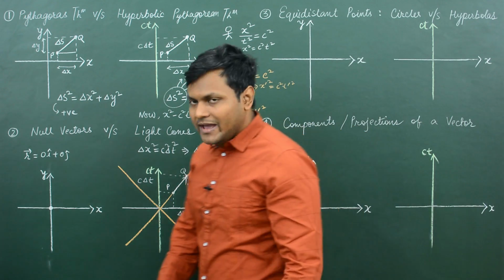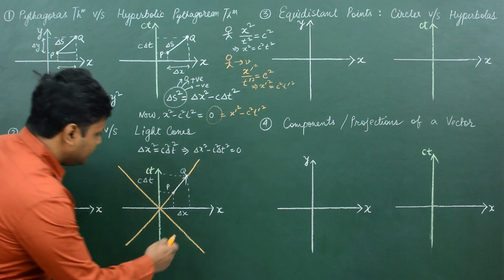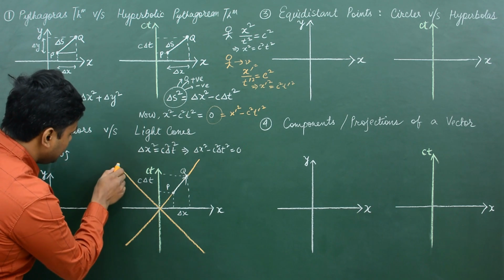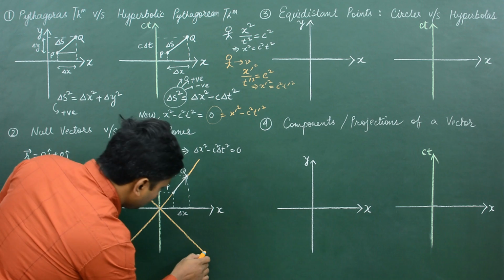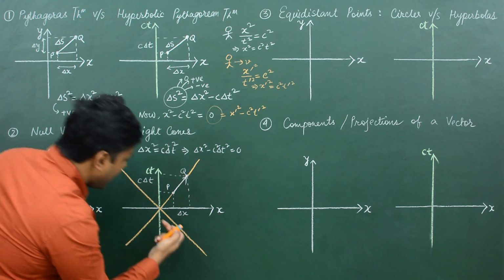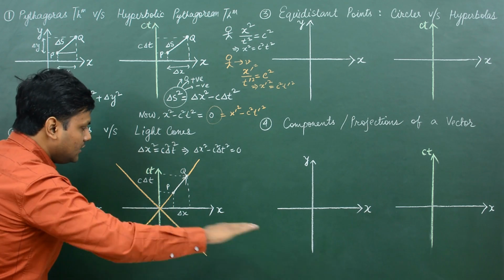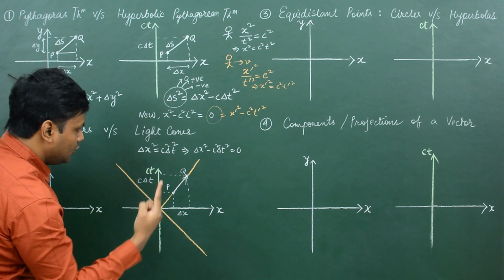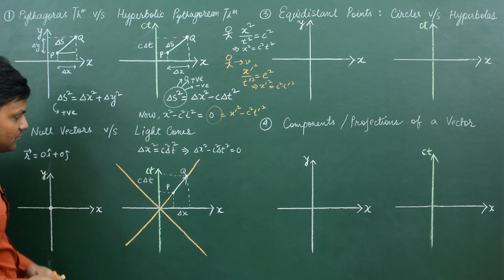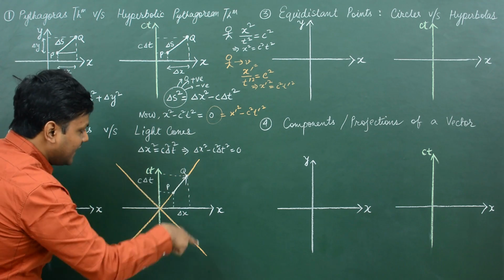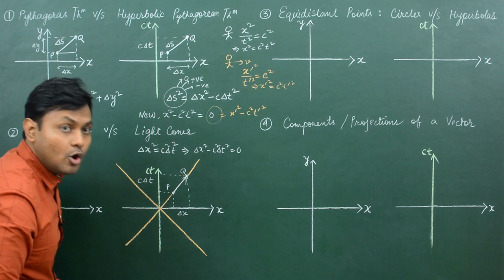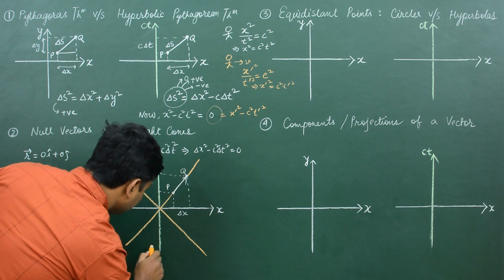So you see, right now I have a 2D diagram where we have the x-axis and the ct axis. What if I also include another axis, which is the y-axis coming out of the board? In that case I will have an xy plane and the time axis going perpendicular to it. In that situation we will have not just two lines but a surface, a conical surface that looks something like this.